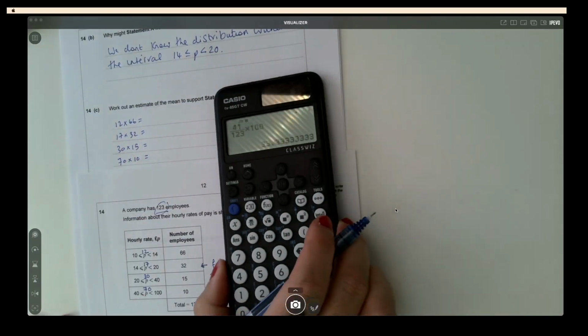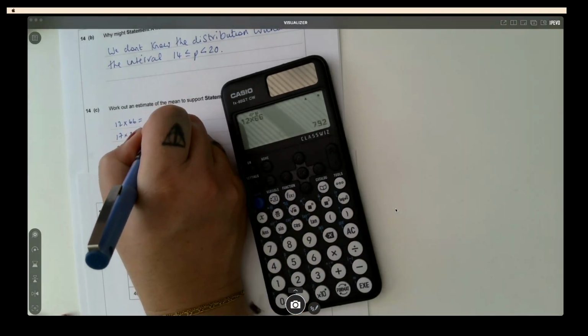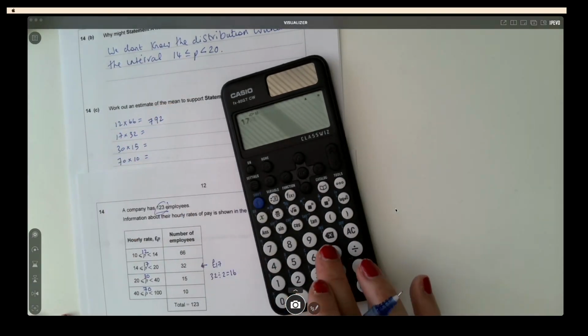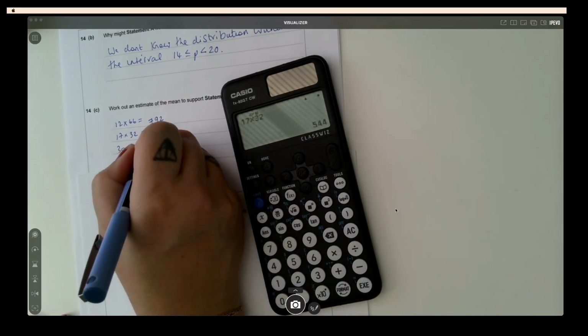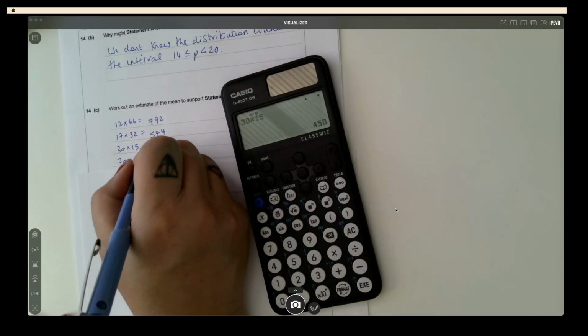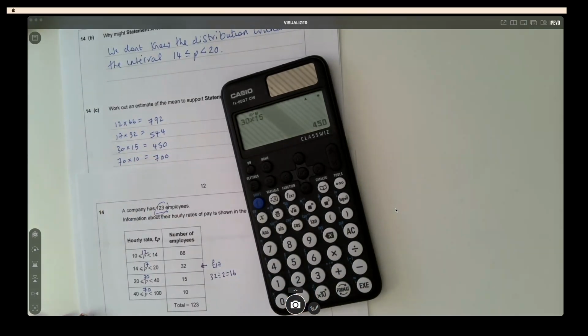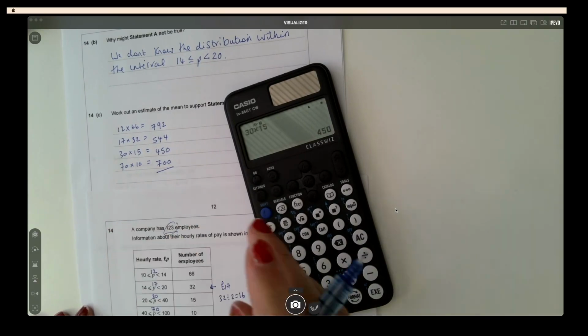So let's do that to start off with. 12 times 66. 17 times 32. 30 times 15. And then 70 times 10. So let's find the total of those.